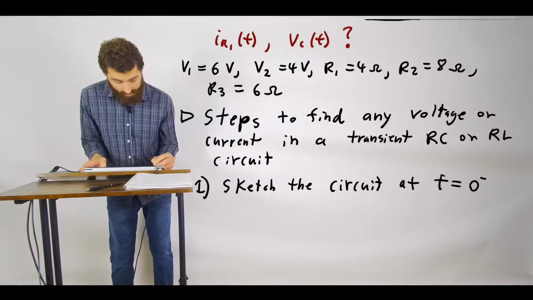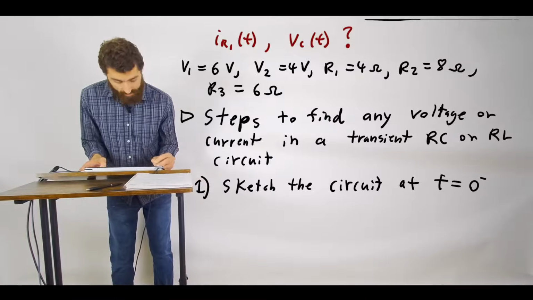Once you sketch out those circuits, you should find Vc of 0 minus, the capacitor voltage, Vc of 0 plus, what the capacitor voltage is right after you switch it, and then Vc of infinity after a long time. And that's if you're dealing with an RC circuit.